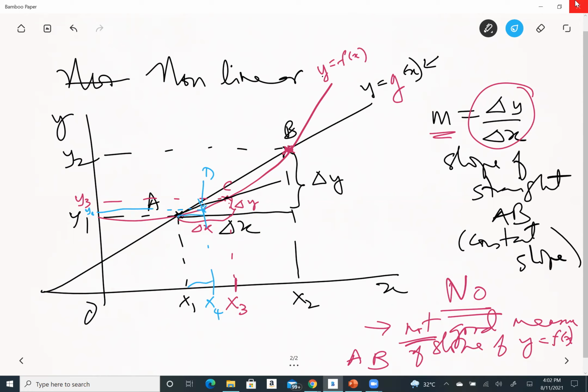So delta x is now very small. Now I make a straight line from A to D. I have three lines: AC, AB, AD. Compare the slope of the straight lines and the curve. What can you say?